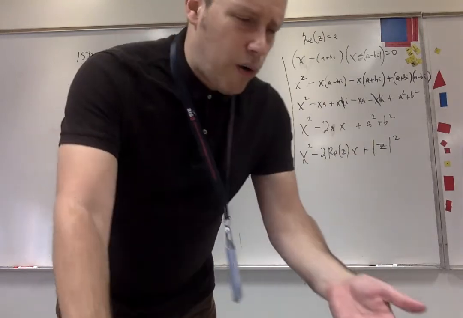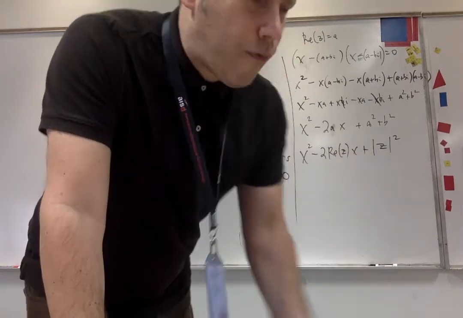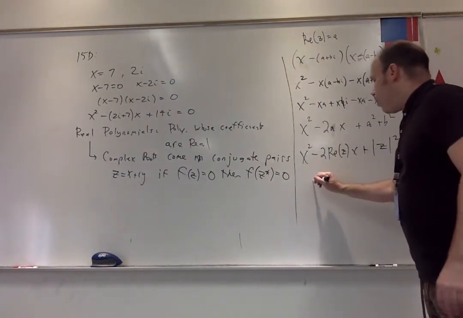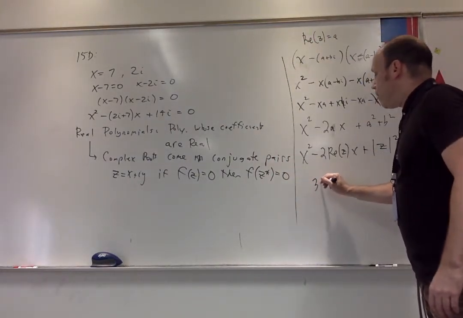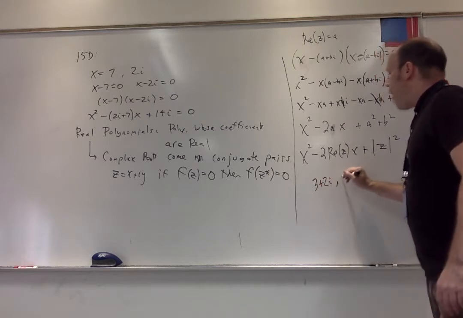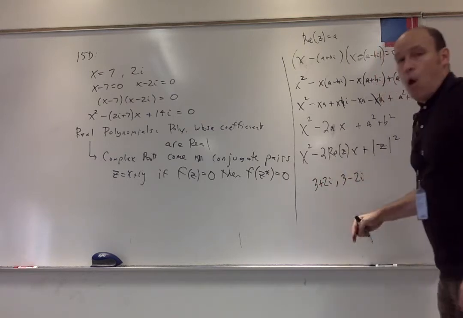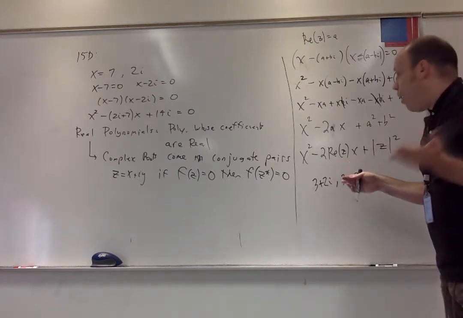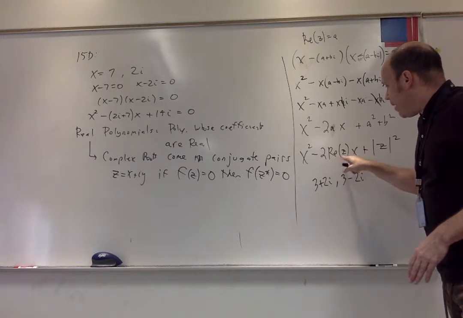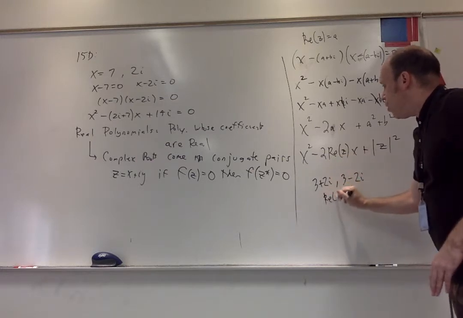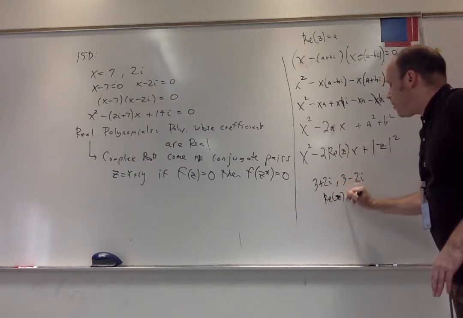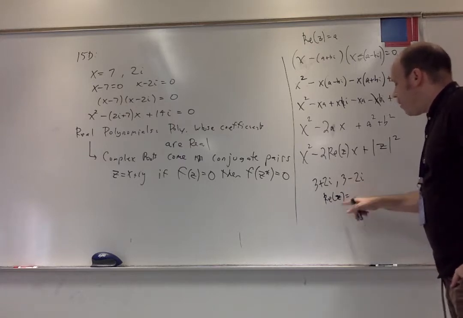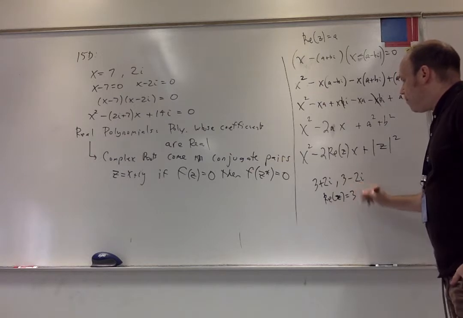The other thing they throw in there, so for example, let's say the roots are 3 plus 2i and 3 minus 2i. And they ask, where did this quadratic come from? And you would say, okay, well, the real part of z is 3, right?